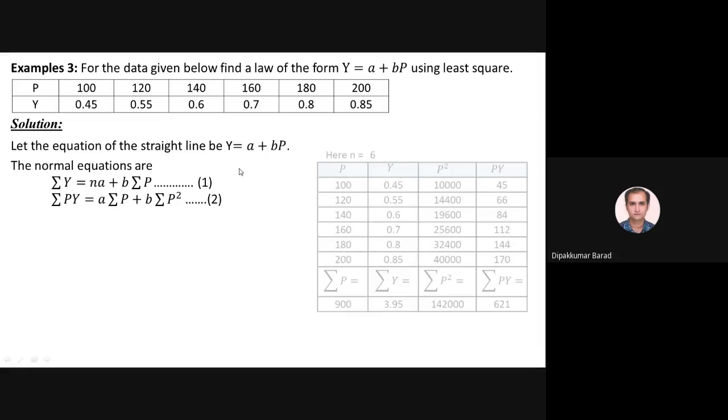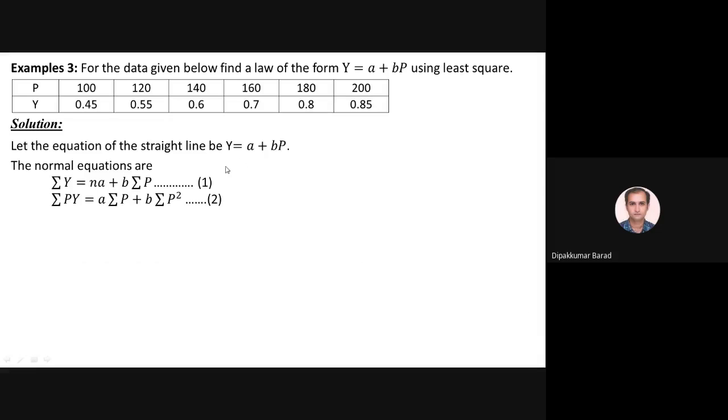So now our normal equations: instead of small y, I get capital Y. So summation capital Y is equal to a plus summation b into summation capital P. And instead of summation xy, I get summation capital P into capital Y is equal to a into summation capital P plus b into summation capital P square. So in these equations we have capital P instead of small x and capital Y instead of small y.